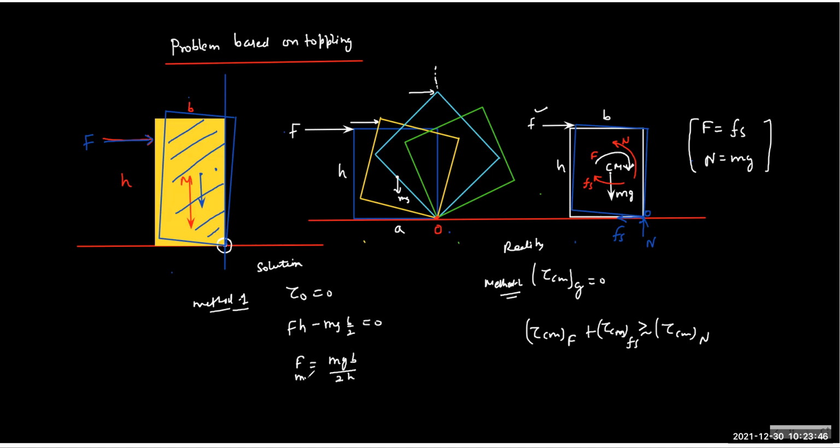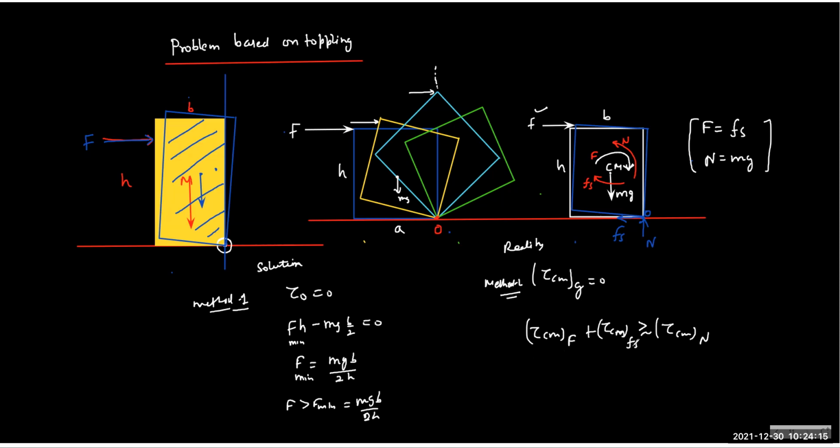So this is the minimum value. In general, F should be more than F minimum. So for minimum, we assume equilibrium and solve it, and then we say F must be slightly more than F minimum, which is mgb by 2h. This is how we solve.